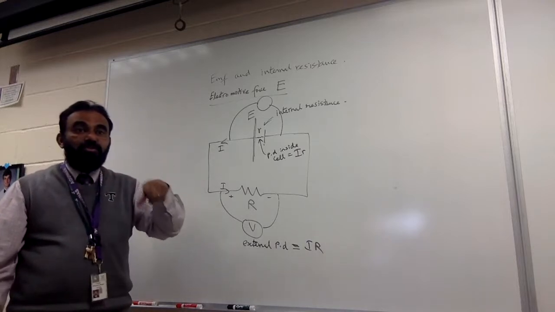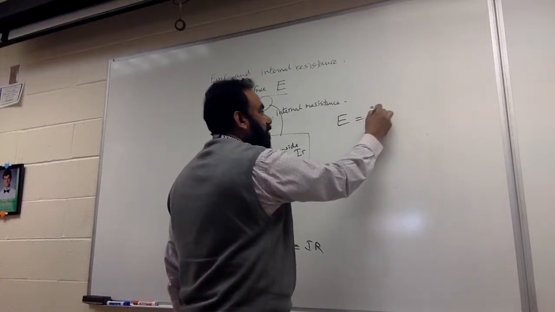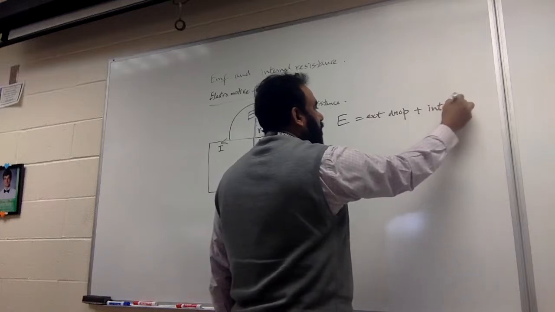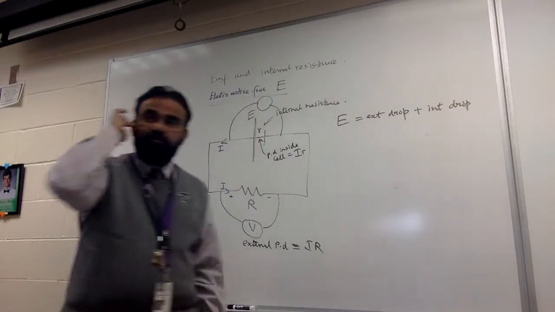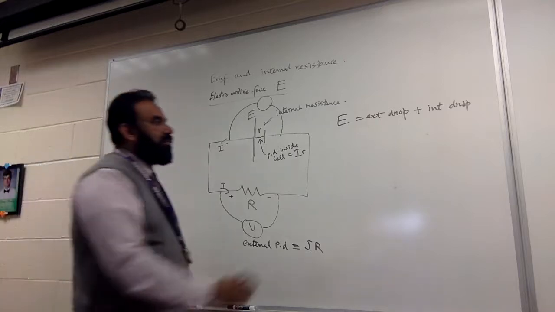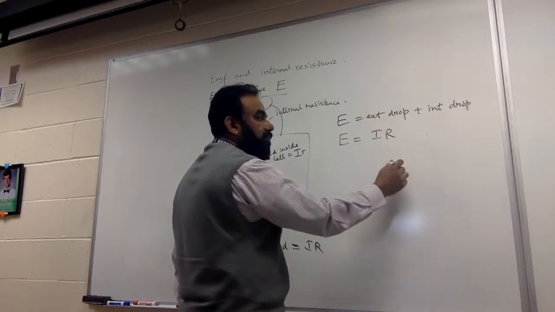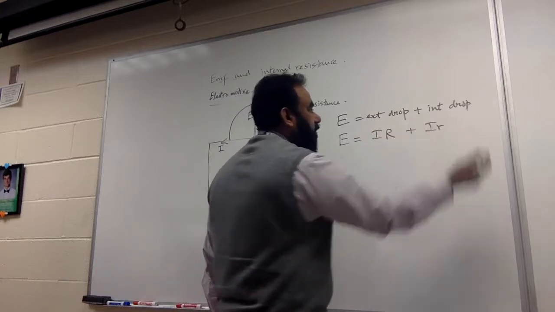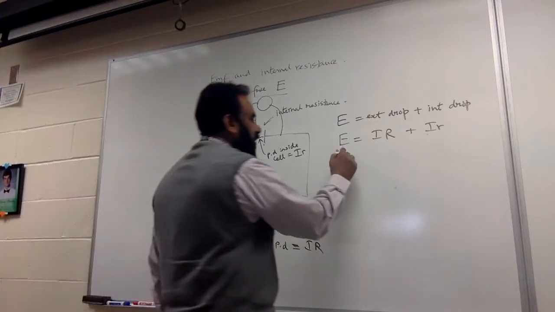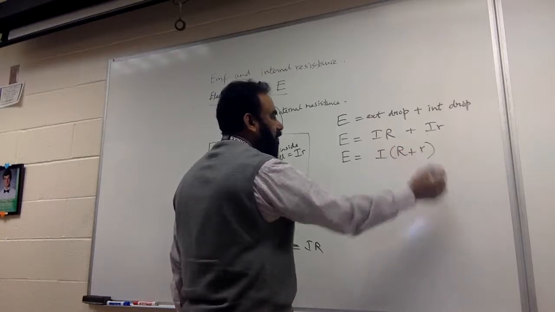And if I add those two, I should get EMF. So write down this: EMF is equal to external drop plus internal drop, which simply means EMF is equal to IR plus Ir. That means EMF is equal to I times (R plus r).